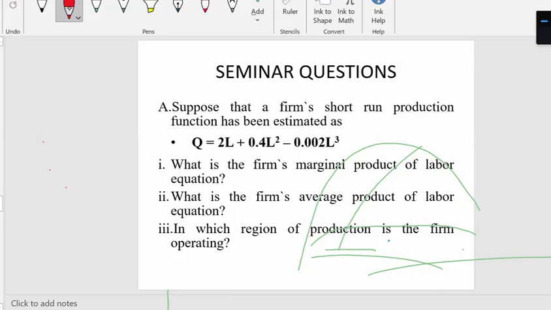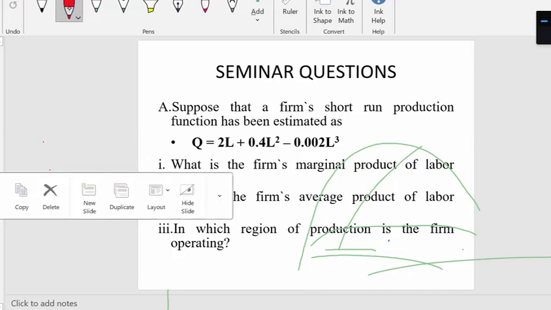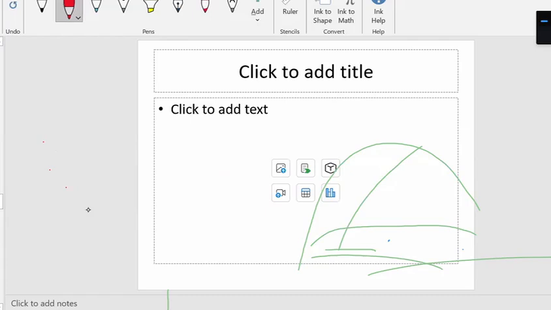What is the firm's marginal product? Now can you compute the marginal product here? We can just do it by ourselves. Now let's see. What is the total product? Total product, he has told us Q is what?